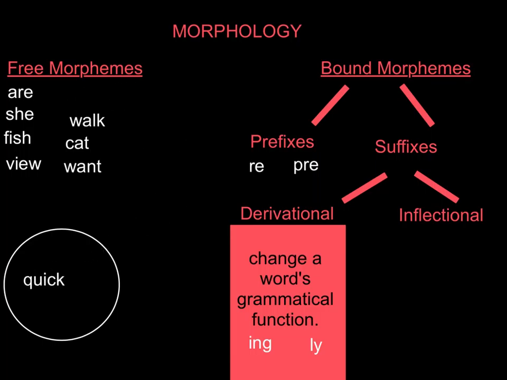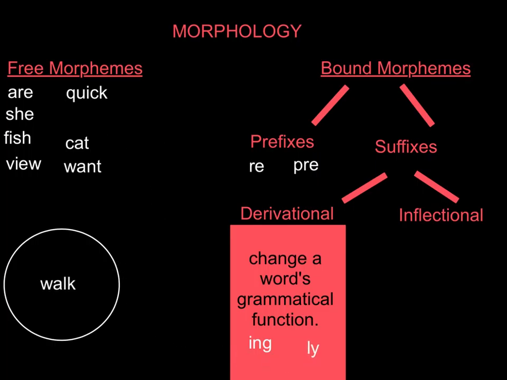Let's grab quick. Quick is a free morpheme. It's typically an adjective. But when I combine it with this derivational morpheme, ly, I've changed it into an adverb. Same thing is true with ing.